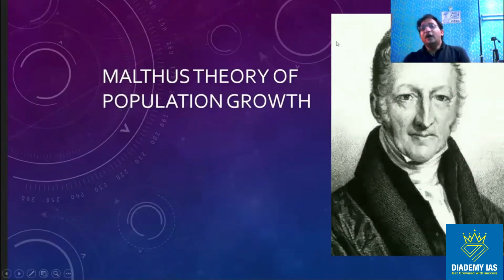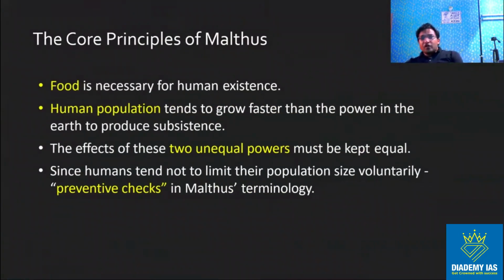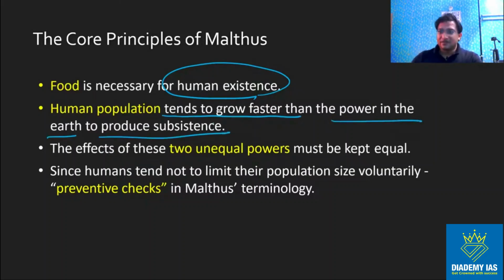So let us start with the next theory, that is the Malthus theory of population growth. Some core principles of this theory. First, food is necessary for human existence. Human population tends to grow faster than the power of the earth to produce subsistence.